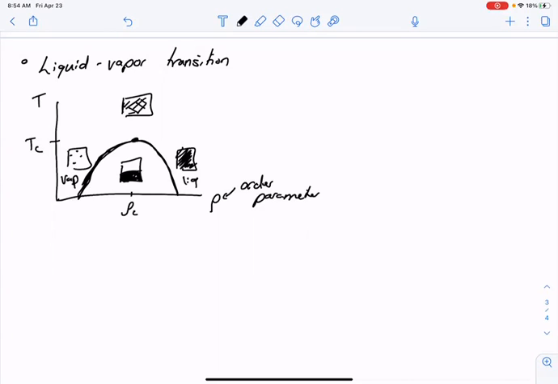This would be complete with some gradient expansion in the density field and some low order expansion in the density.